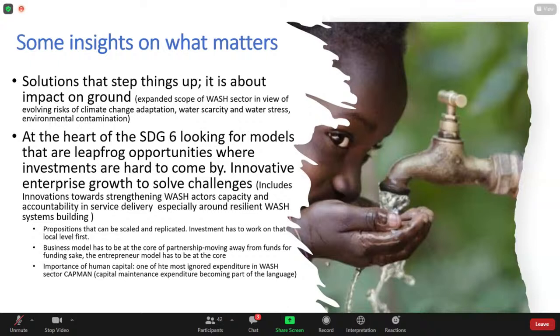So then, of course, we also underscore the importance of human capital, which is one of the most ignored expenditures in WASH service delivery. So when you're talking about human capital, you're talking about bringing capital and maintenance expenditure becoming part of the language that we have, even as you're talking about groundwater solutions that can be resilient over time.